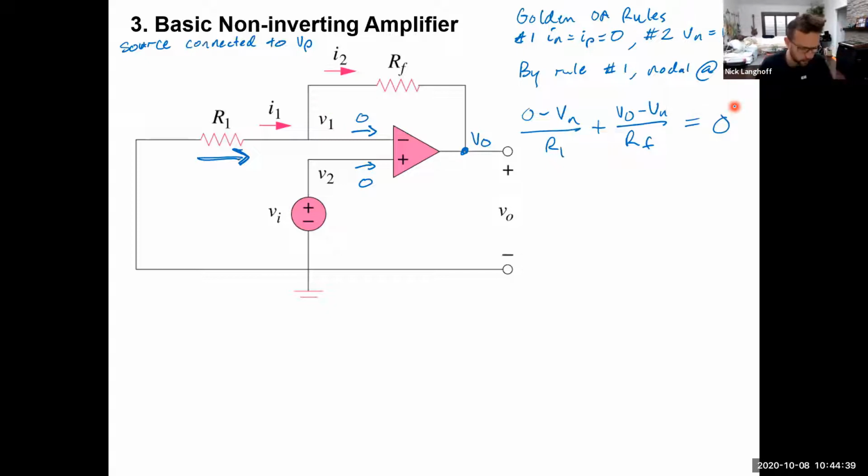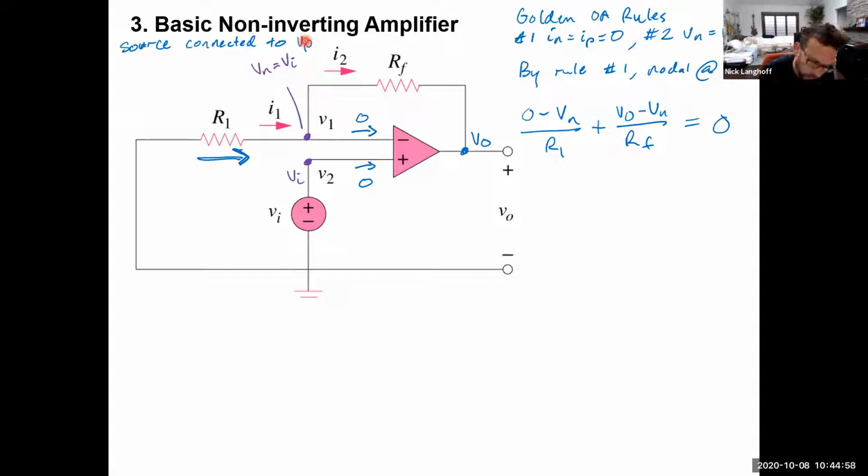All right, now let's go ahead and invoke rule number 2. If this is Vi, then the op amp will do whatever it has to make Vn equal to Vi.